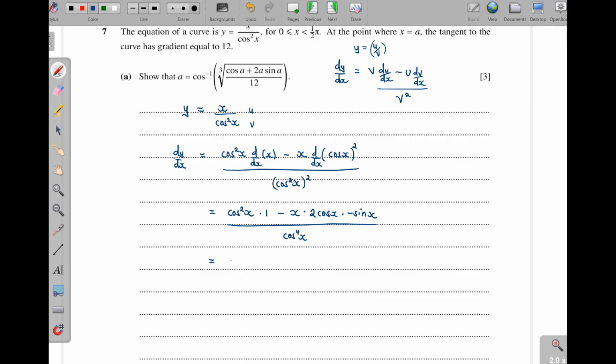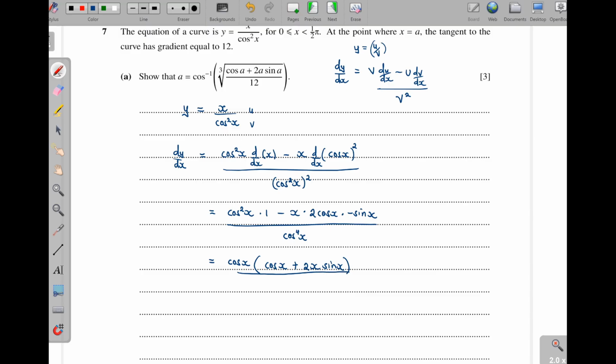Then the next thing to do is to simplify this. I can actually put cosine of x out here, it is common. Then here we are having cosine of x, a negative and a negative, that one gives us a positive, so we have 2x, then sine of x. Remember I took the cosine outside like that.